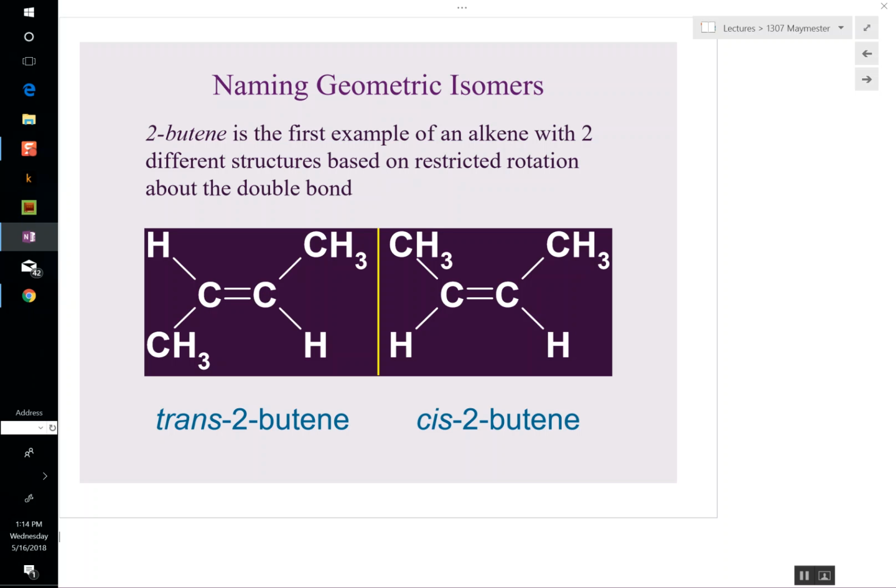The methyls, and those aren't methyls, this isn't 2-methyl-ethene, it's butene. But there's a CH3 group on this side of the double bond and then another one on the other side of the double bond. And we'll go through these rules and you'll see how these satisfy the rules and would require us to use cis and trans.